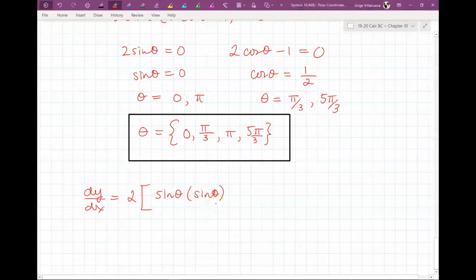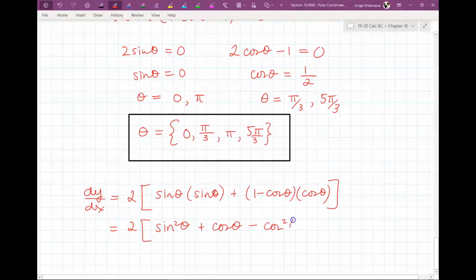Because it's 1 minus cosine theta, sine theta for y. And then plus 1 minus cosine theta, and the derivative of sine theta would be cosine theta. So I get sine squared theta plus cosine theta minus cosine squared theta.